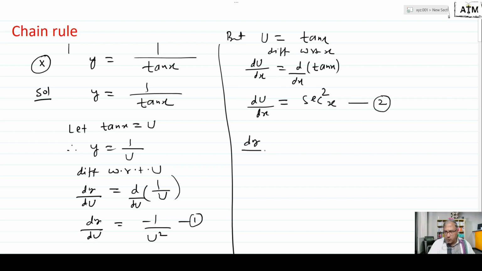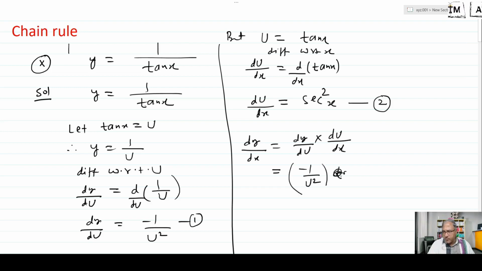Now applying chain rule, dy by dx equals dy by du times du by dx. Now minus 1 upon u square multiplied by du by dx, and the answer is sec square x.